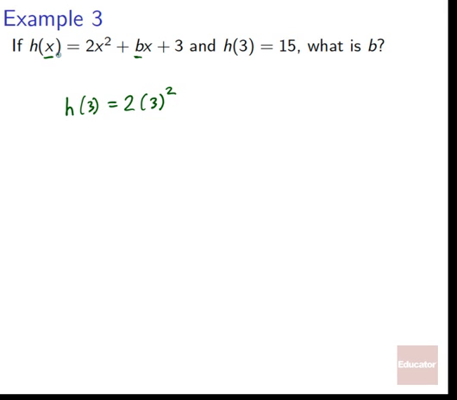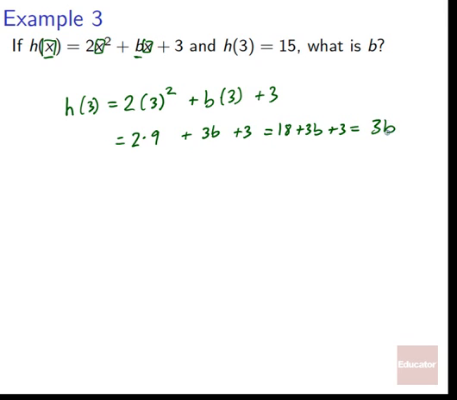So we're switching for where all the x's show up, right? And that's it. So 2 times 3 squared plus b times 3 plus 3. So we get 2 times 9 plus 3b plus 3, which is 18 plus 3b plus 3, or 3b plus 21.